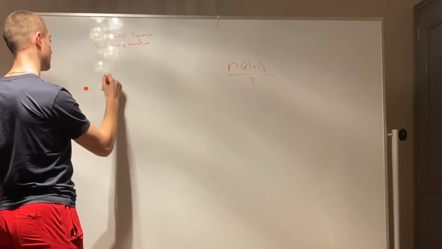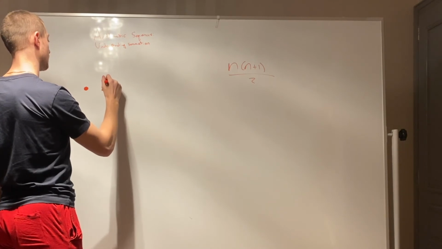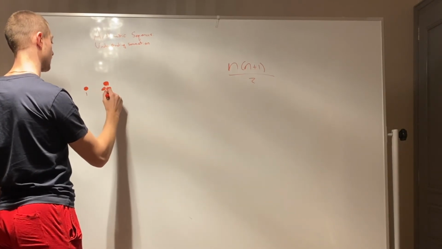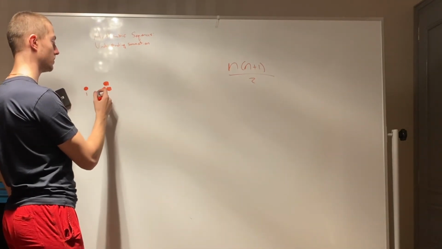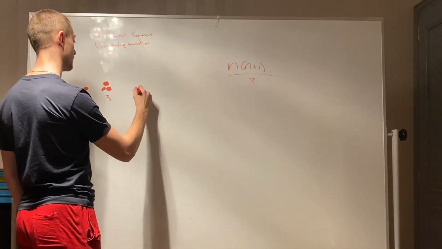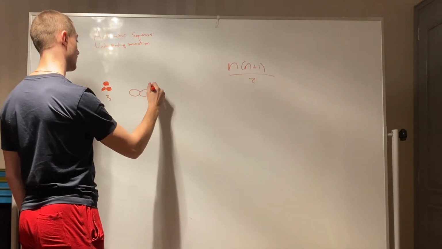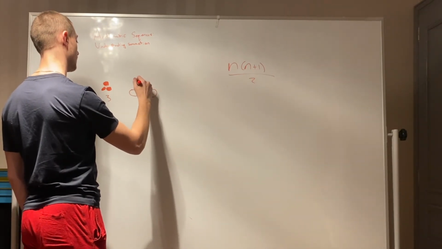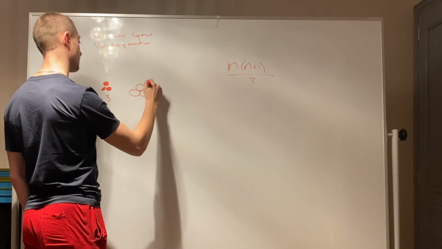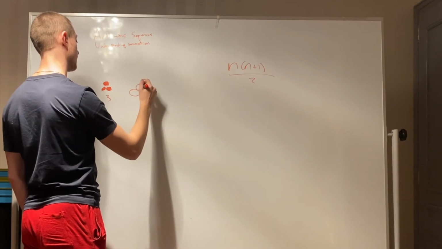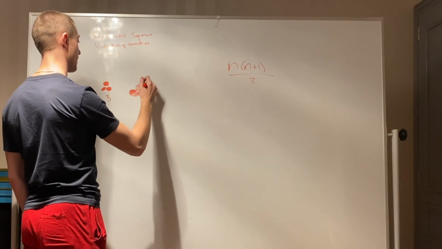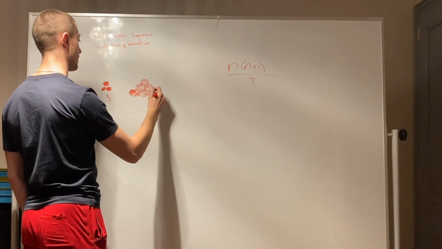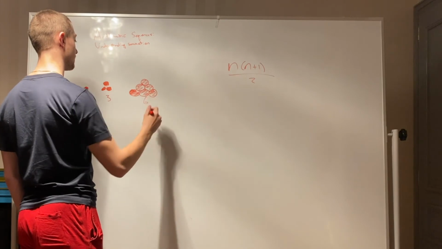So these 3 dots on top of each other. Then we add another row, but obviously we have to add 3 dots in this case. Here we have 6.